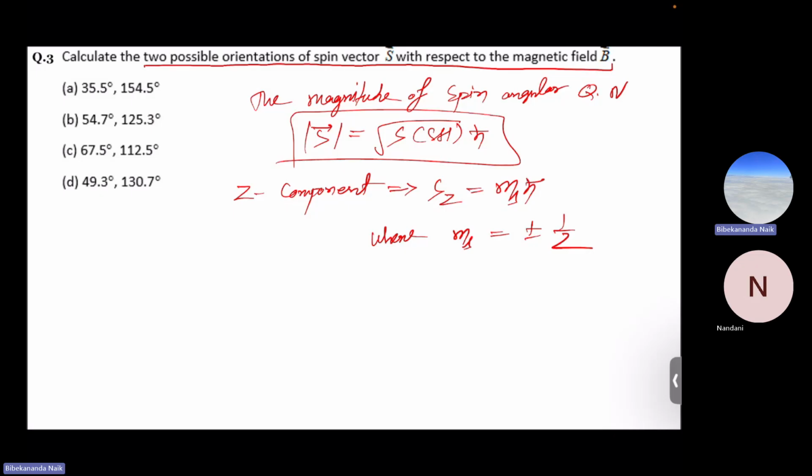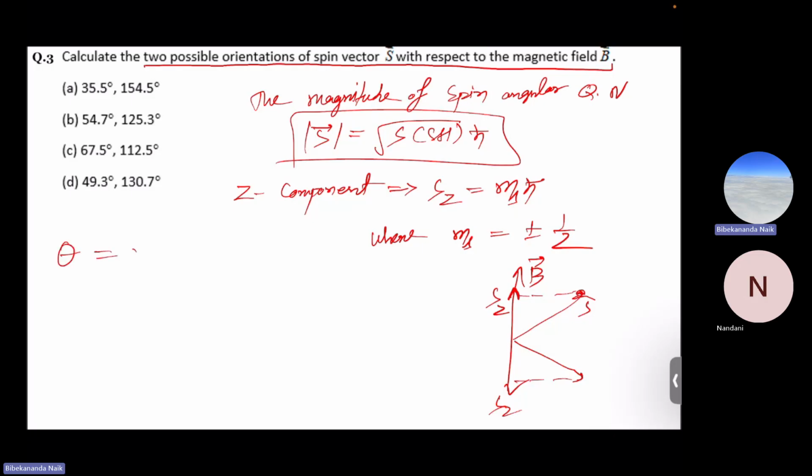Now suppose the B is acting along Z direction. Suppose this is B and this is S vector. There will be possible orientations of S with respect to B. So how will we calculate?